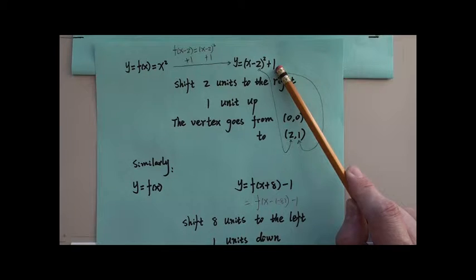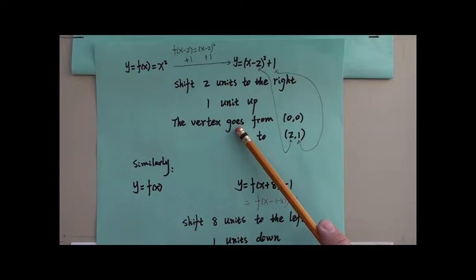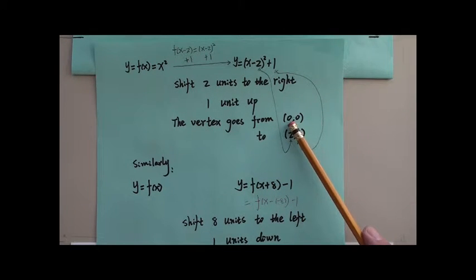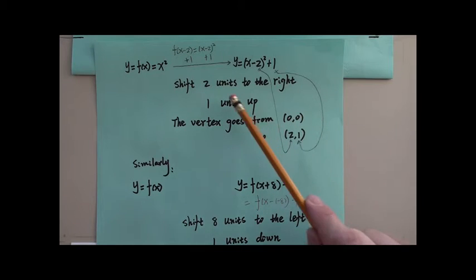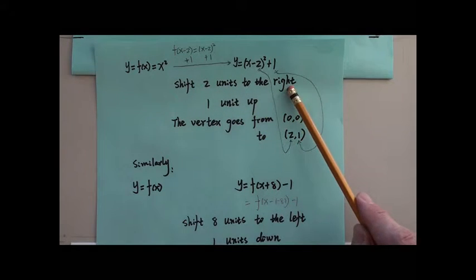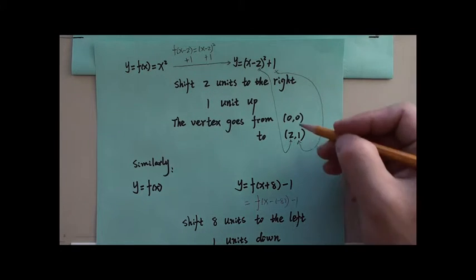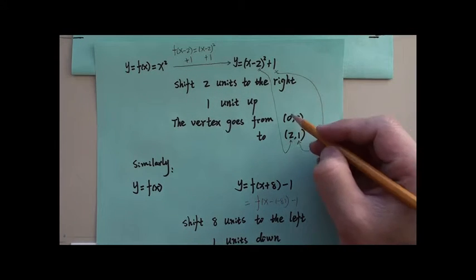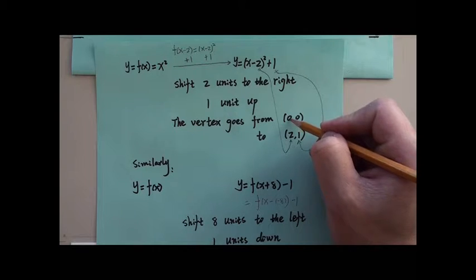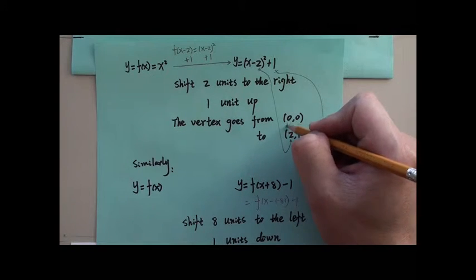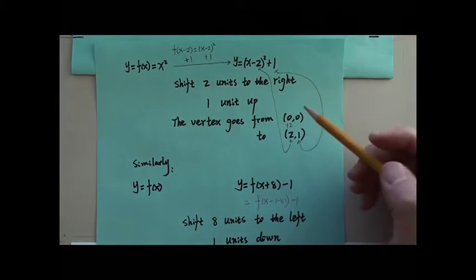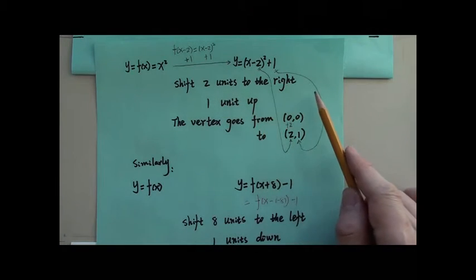Previously, the vertex was at 0, 0. Since it shifts 2 units to the right, you basically add 2 on the x-coordinate 0. That will be 2 units to the right.